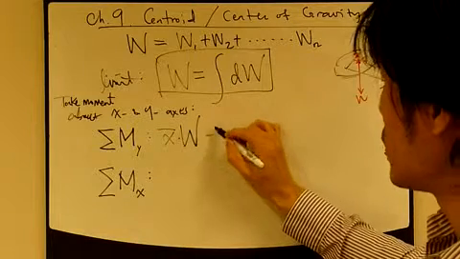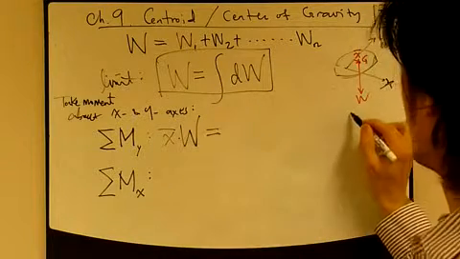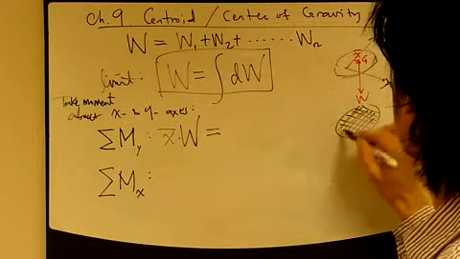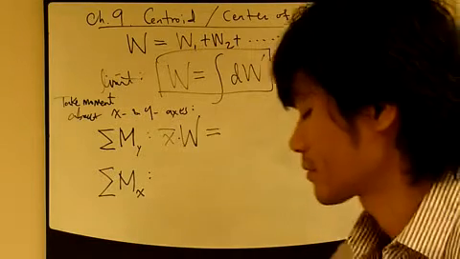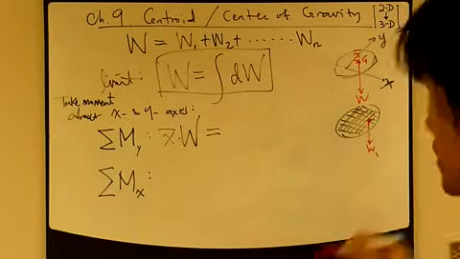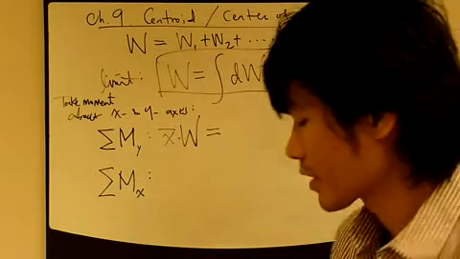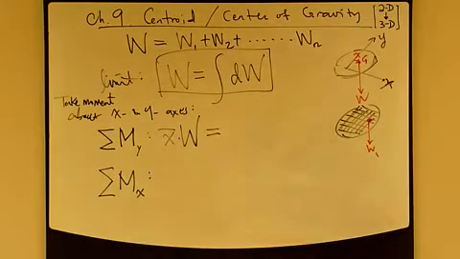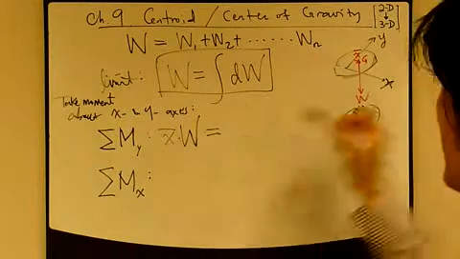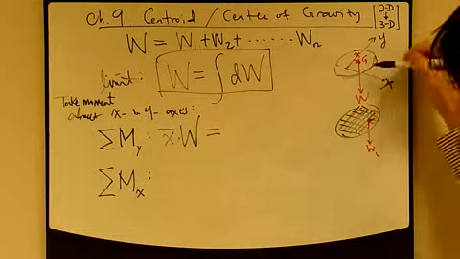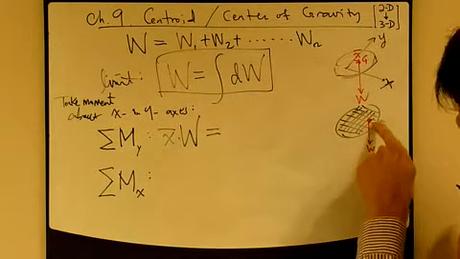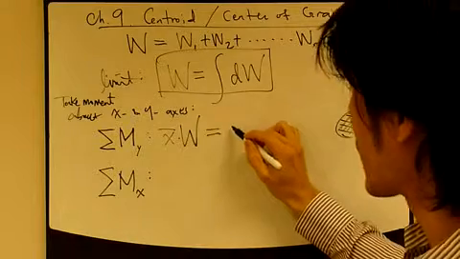But that's also equal to the following. When we split this into a million tiny pieces, each piece has its own weight. So the total moment about y-axis is equal to the sum of the moment of each individual piece.